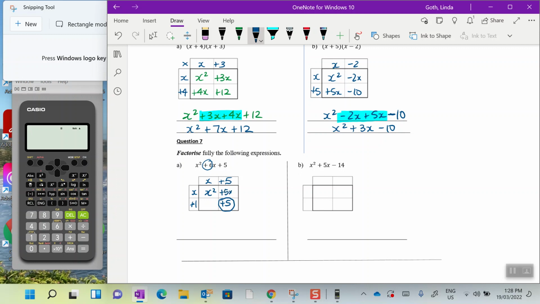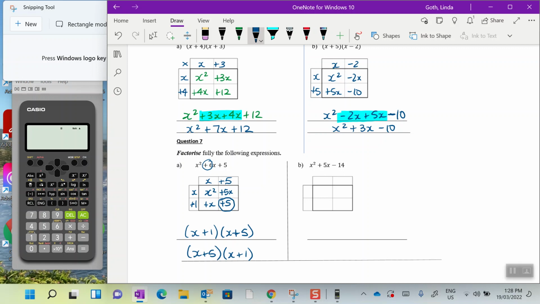Let's just check it. Plus 5x plus x. So we've got x squared plus 5x plus x plus 5. That definitely equals x squared plus 6x plus 5. So the question must have been x plus 1, x plus 5. That is exactly the same as x plus 5, x plus 1 if you had it that way around.